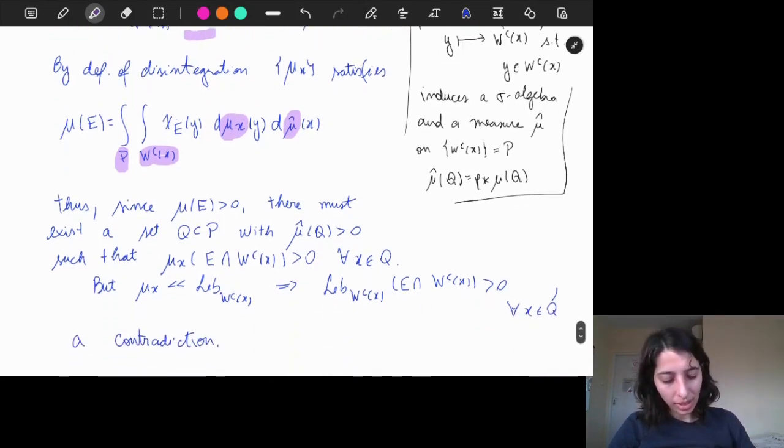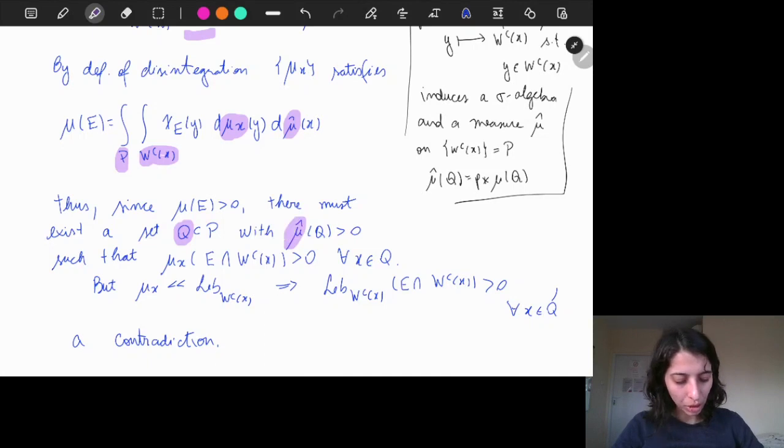And then, since our set E should have positive volume, there must exist a positive set of leaves, a set Q inside the partition with positive transverse measure, such that each leaf inside this set meets the set E on a positive measure set regarding the conditional measure.